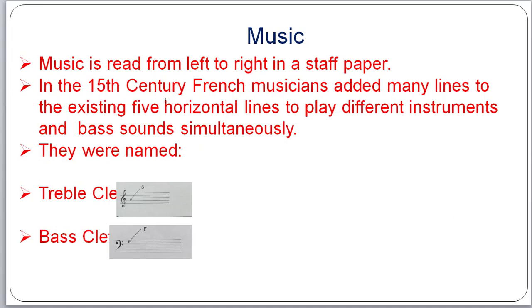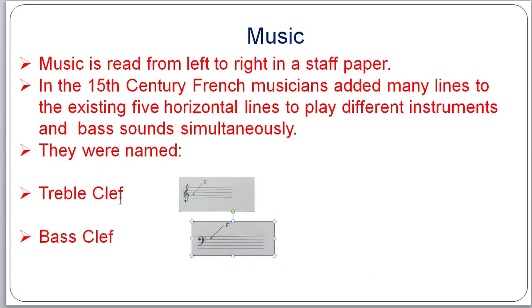In the 15th century, French musicians added many lines to the existing 5 lines to play different instruments and bass instruments simultaneously. They were named as treble clef and bass clef. So the treble clef resembles this.